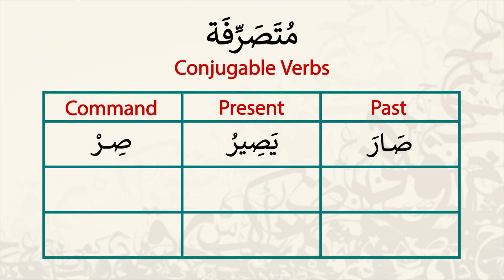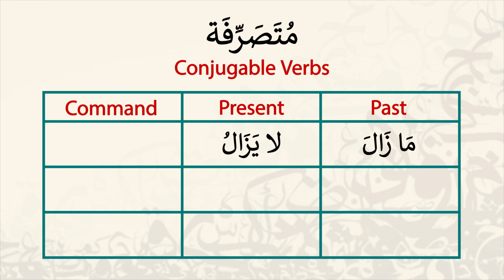However, there are three verbs of them, they are not fully conjugable. The verb ما زال has only two forms, the past ما زال and the present لا يزال. And the two verbs ليس and ما دام have only the past form and don't show up in present or command.